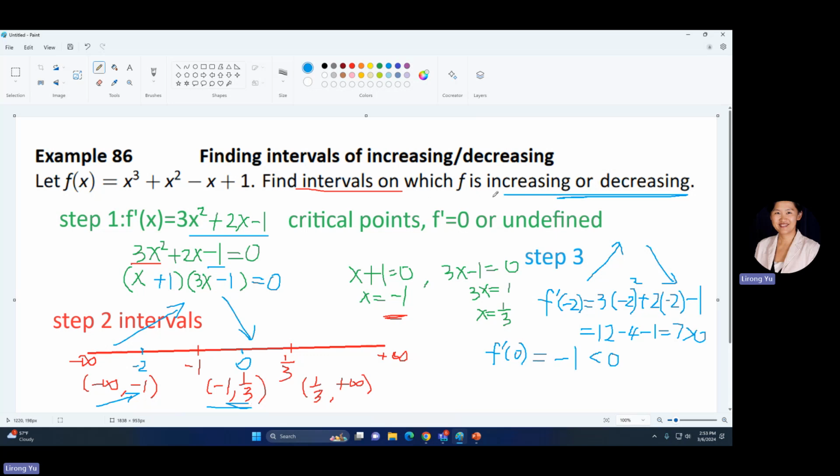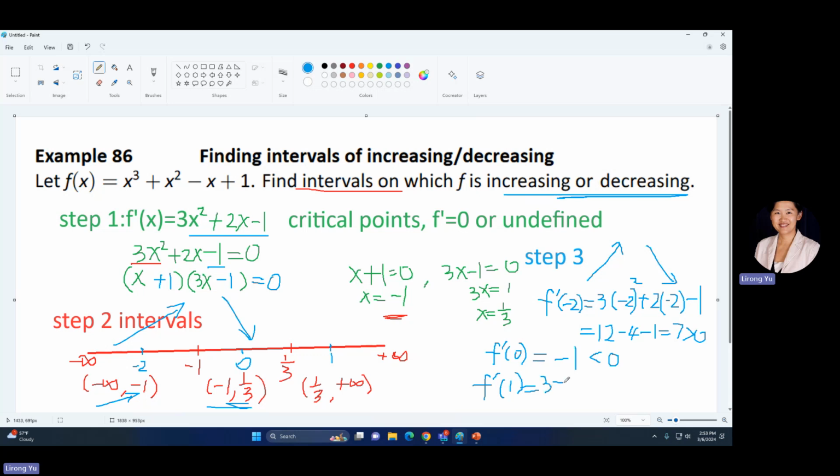So we want to find the intervals on which the function is increasing or decreasing. Last one, let's see if it's increasing. We pick a number. 1/3 is a fraction, so we pick an easier number. Let's pick 1. 1 is bigger than 1/3. So we do f prime of 1. You can pick any number, you can pick 2. Plugging in 1 makes it easier to calculate.